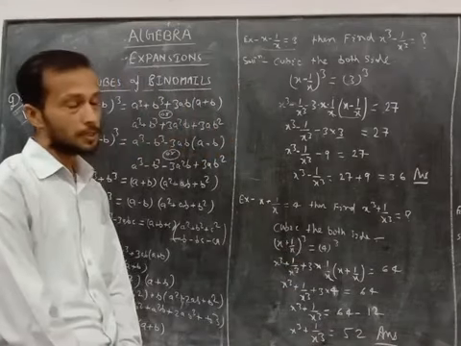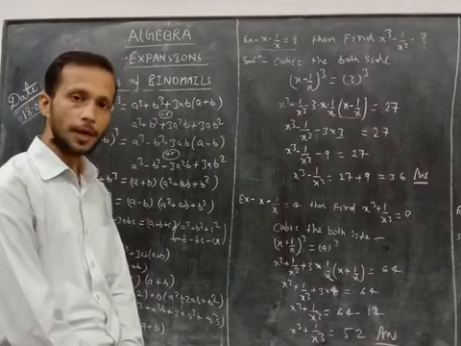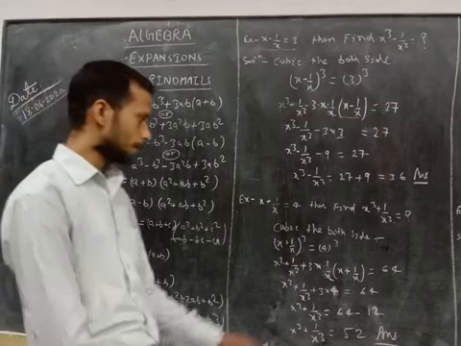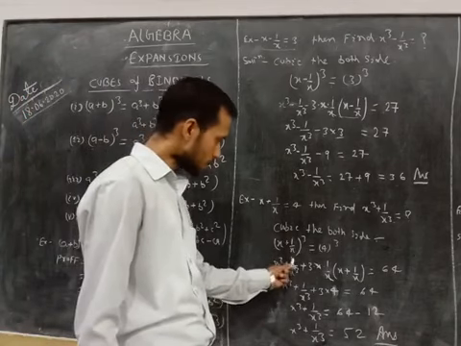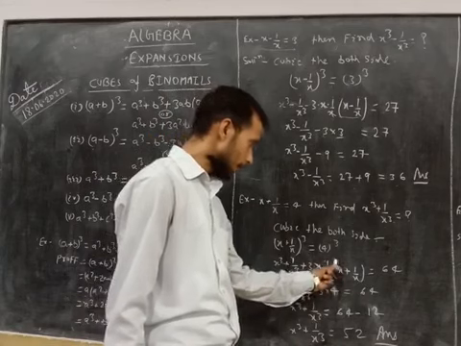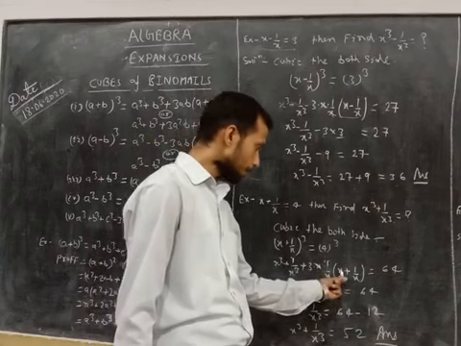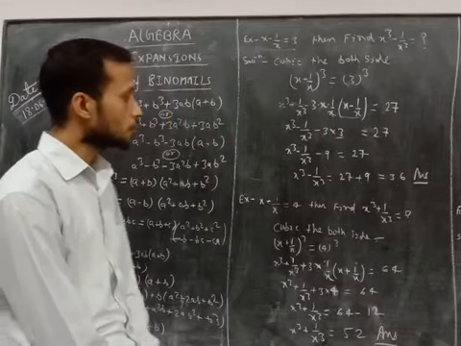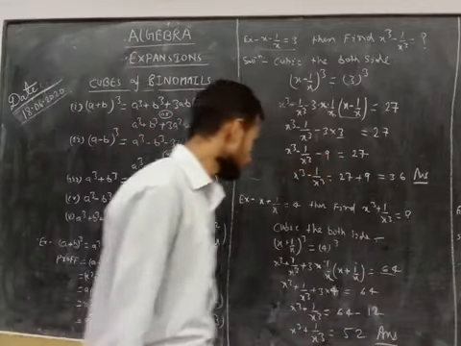(a plus b) whole cube is equal to a cube plus b cube plus 3ab into (a plus b). So x cube plus 1 by x cube plus 3 into x into 1 by x into (x plus 1 by x) is equal to 4 to the power 3, which is equal to 64.